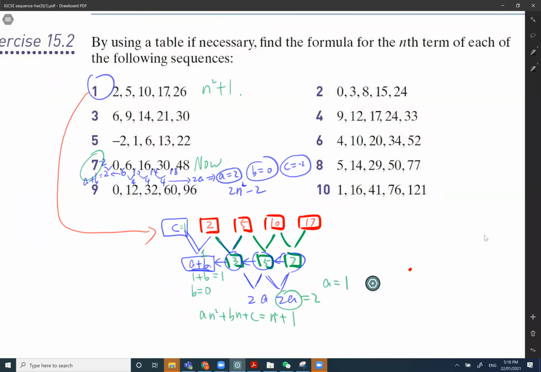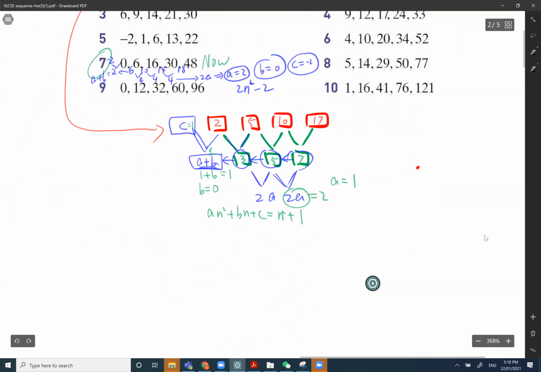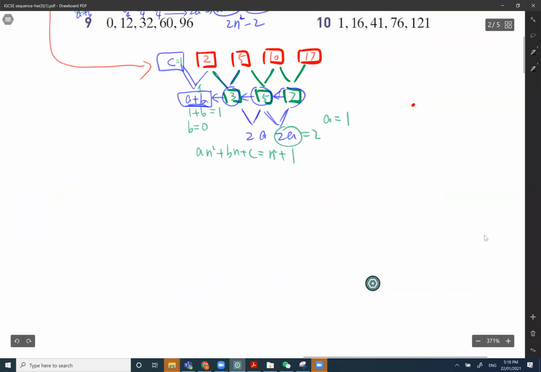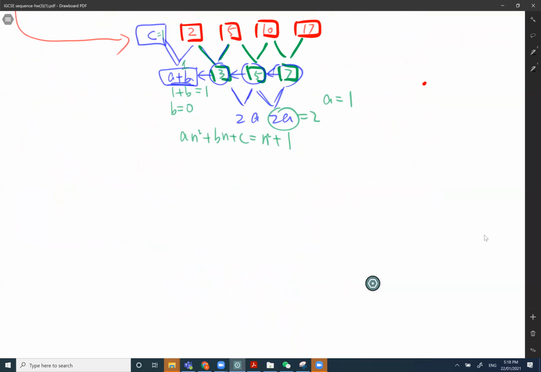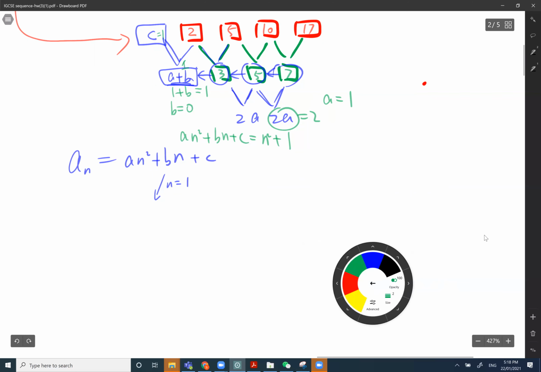Why can we do it this way? Very important. If our nth term equals an squared plus bn plus c, Victoria, if n equals 1, what do you have? N equals 1 means the first term.